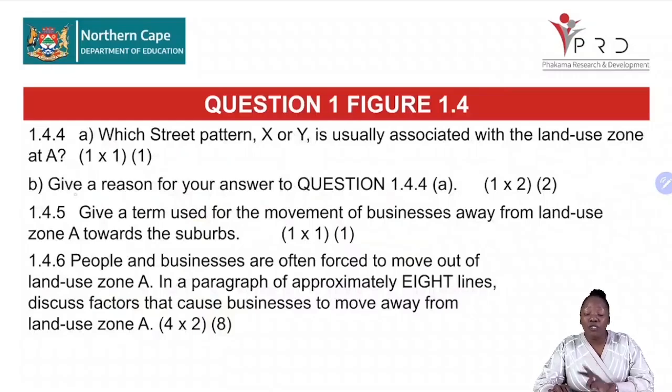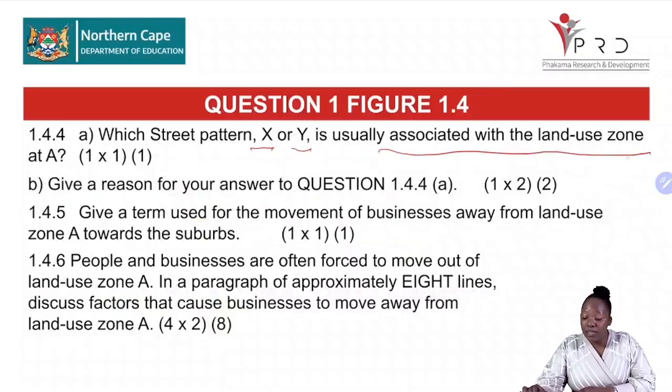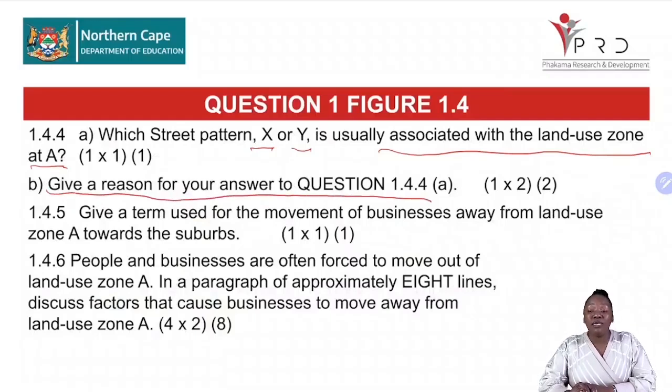So here you need to choose whether it is X or Y. Then B, you need to give a reason for your answer. If you are saying it's X, explain why it is X. If you are saying it is Y, then you need to give a reason.